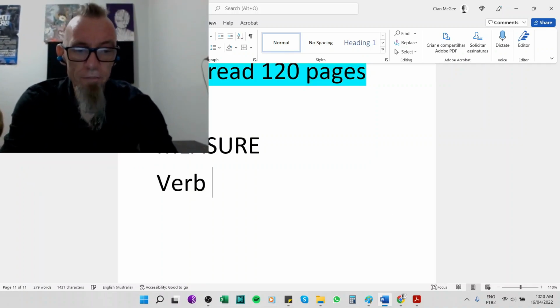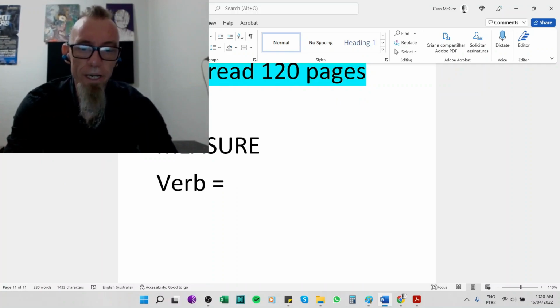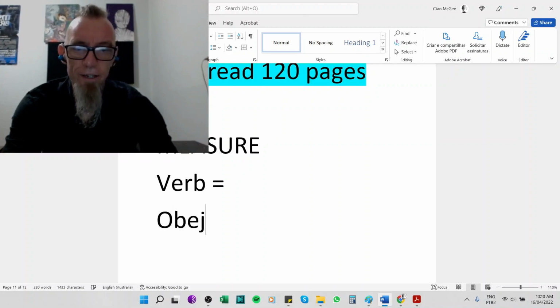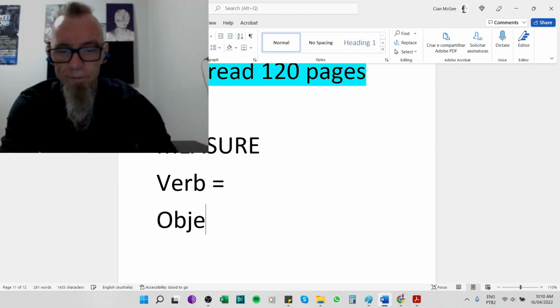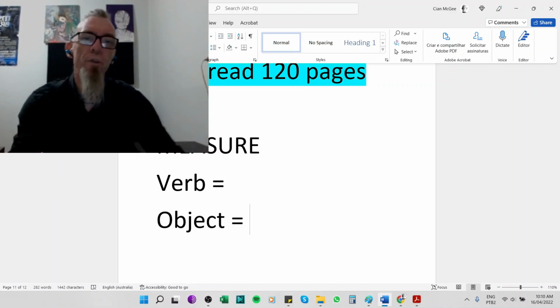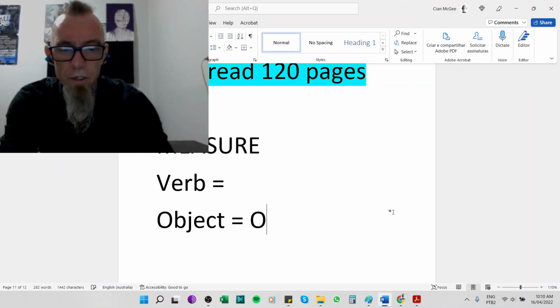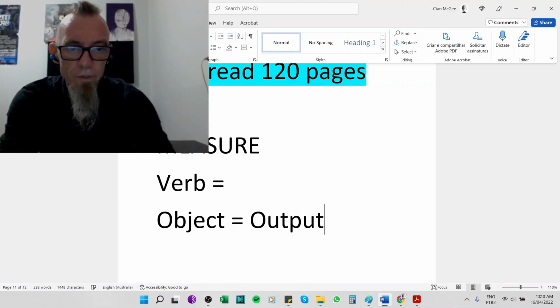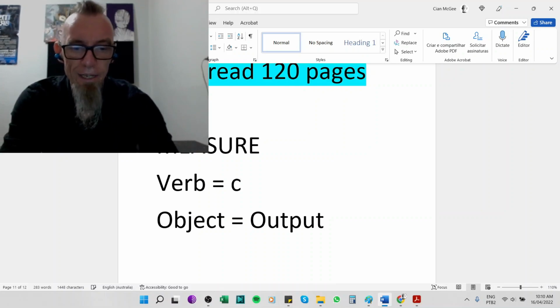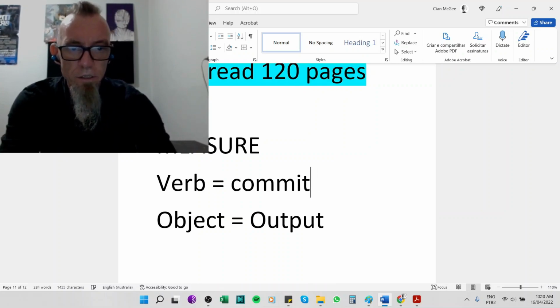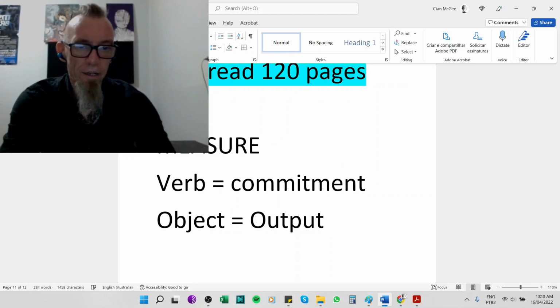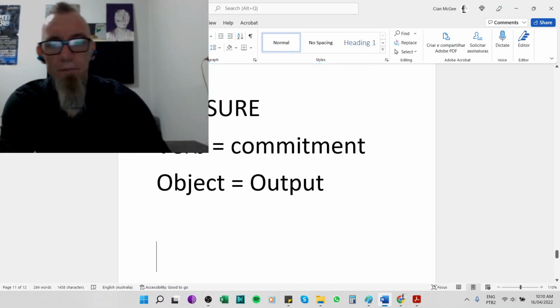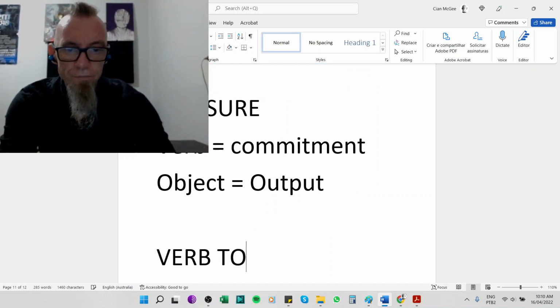We can measure a verb, and with a verb, we're looking at... All right, we measure a verb and an object. The object, we're looking at the output, and the verb, we're just looking at the commitment. And that's it.